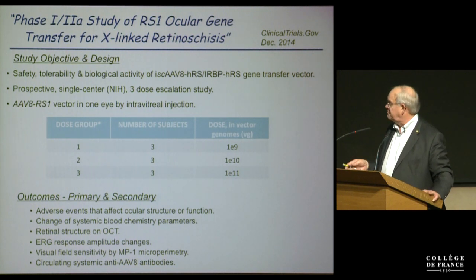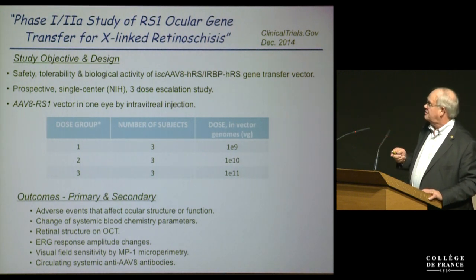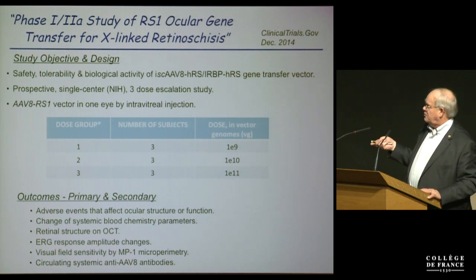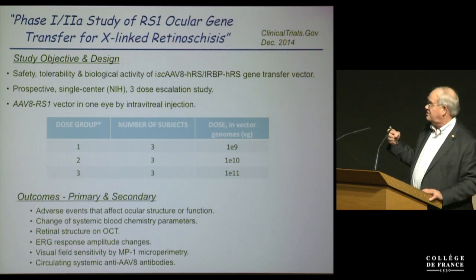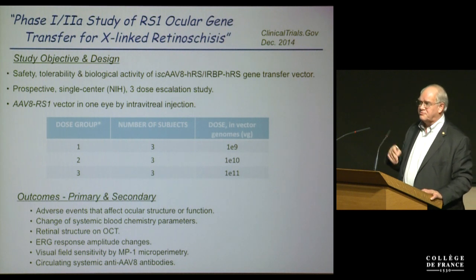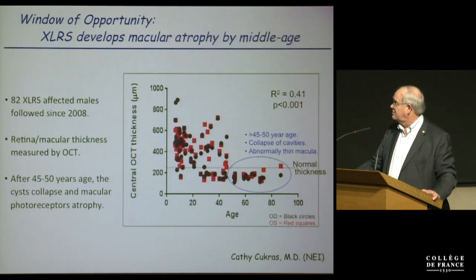We have dosed a number of these people, and we are now looking at the data to make some sense out of it. The outcomes, well, I've explained that retinal structure and retinal function would be 2 outcomes. Retinal function, we would hope that ERG response or improving synaptic function will ultimately translate into an acuity improvement, because that is the easiest route to FDA regulatory approvals.